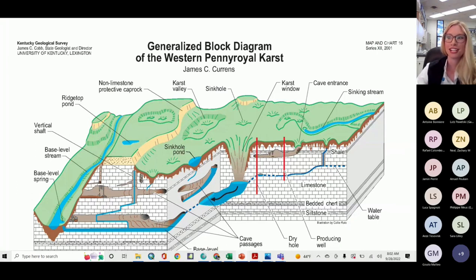This is just a familiar block diagram that is representative of the karst environment we have here in Kentucky. And we often discuss groundwater in the context of karst here because this type of geologic environment is so prevalent.